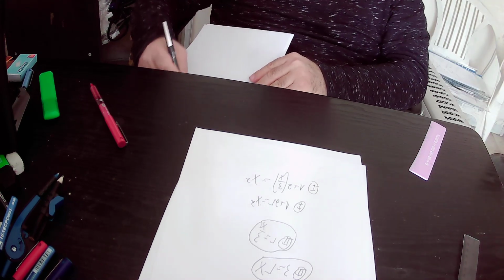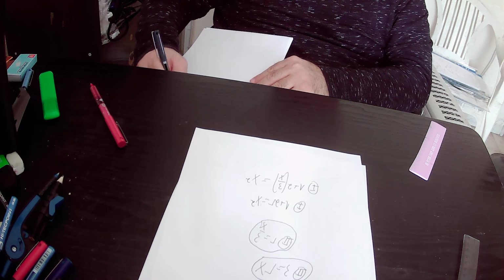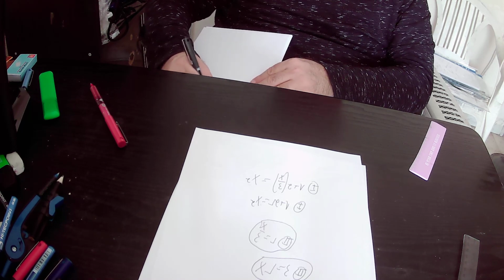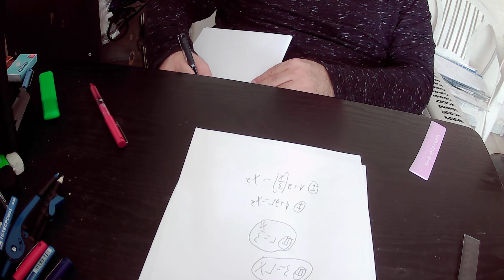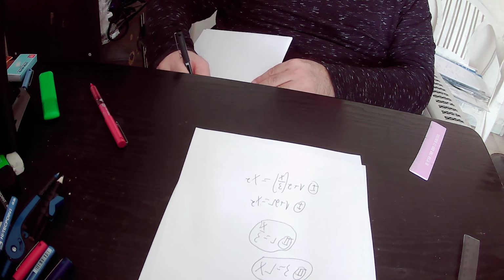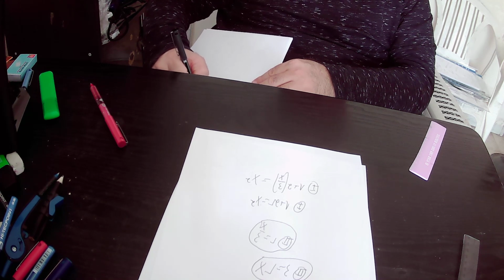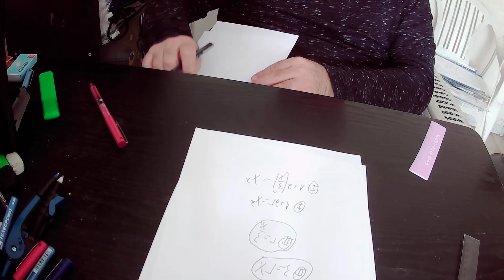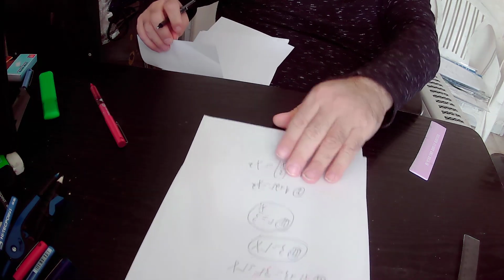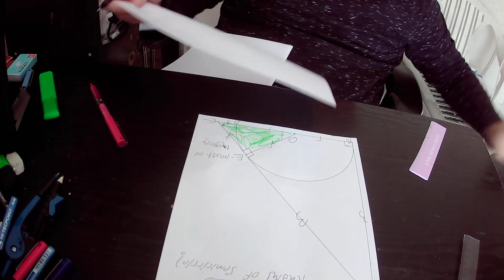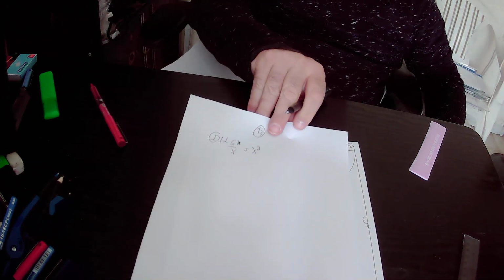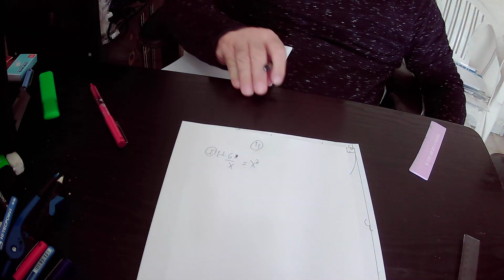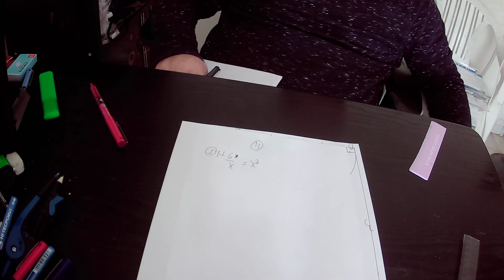So according to equation number 1, we got that 1 plus 6 over x equals x squared.